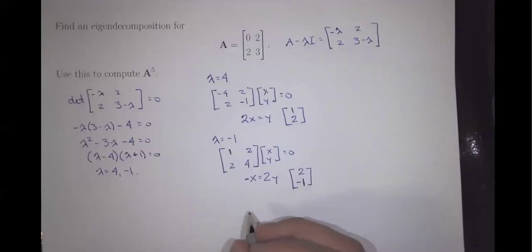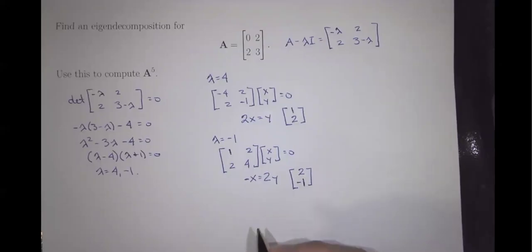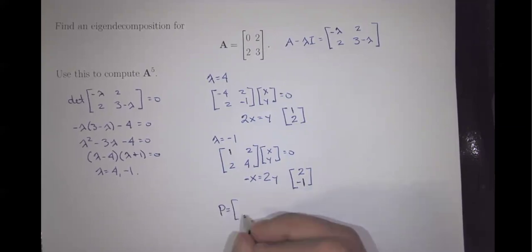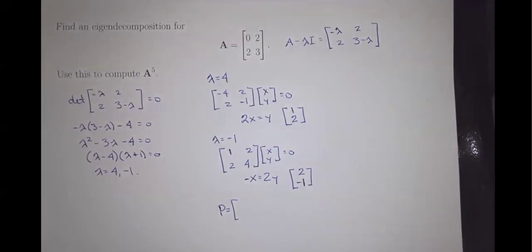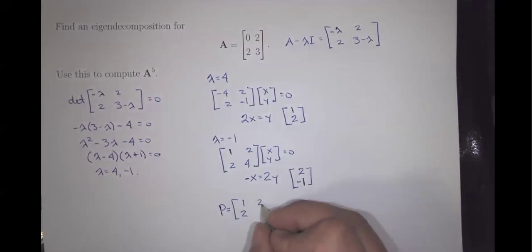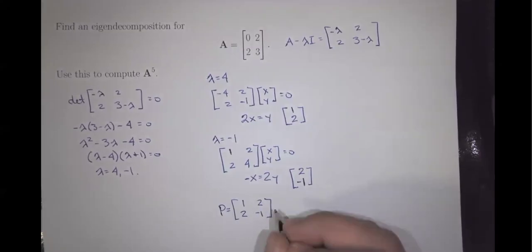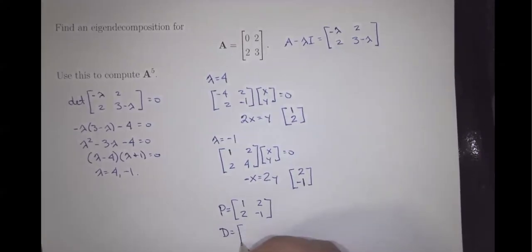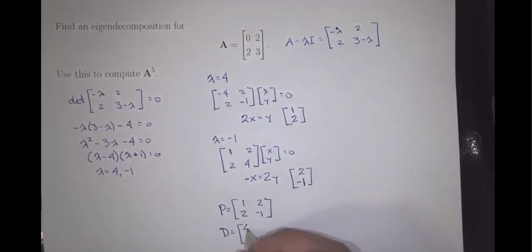And so we can compute our P, D and P inverse. So first, our P is formed with the eigenvectors as columns. So 1, 2, and then 2, negative 1. D has the eigenvalues along the main diagonal in the same order.